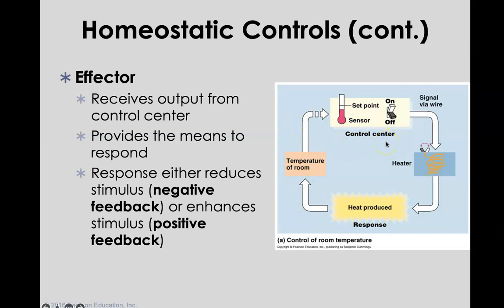So that's the basic idea of these homeostatic controls. But I'm going to give you some anatomical examples of this in just a minute. But really important here with the effector is that the response that occurs within the body is going to either reduce the stimulus, so whatever changed from homeostasis, okay?